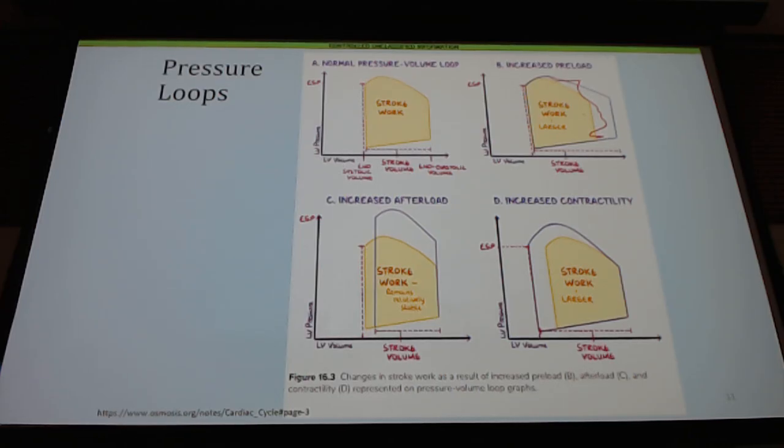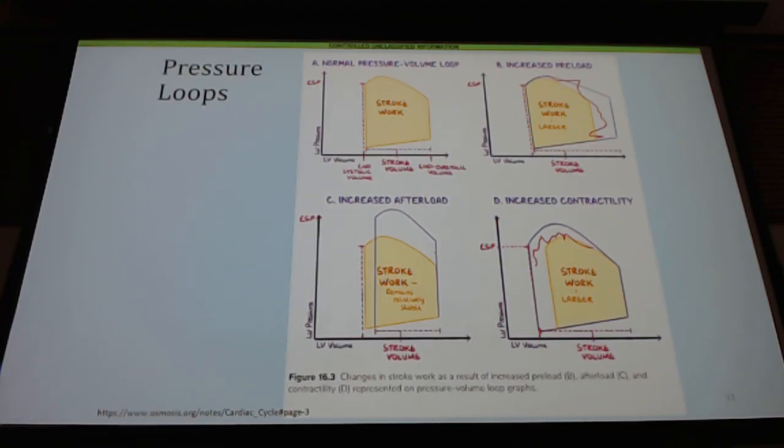If I drop my preload, I'm going to shift that pressure loop over to the left. If I increase my contractility, I'm now able to eject more blood per heartbeat, and so I get increased work in that way. And then again, the opposite is true. If I decrease my contractility, I'm going to decrease my stroke volume, and I'm going to decrease that work because of that.